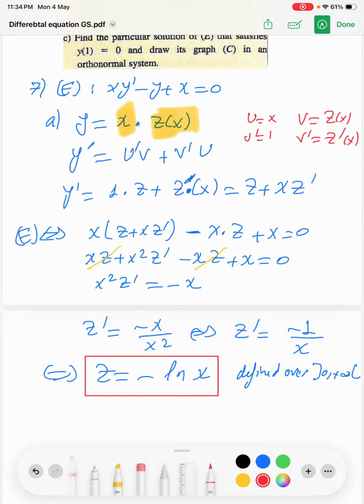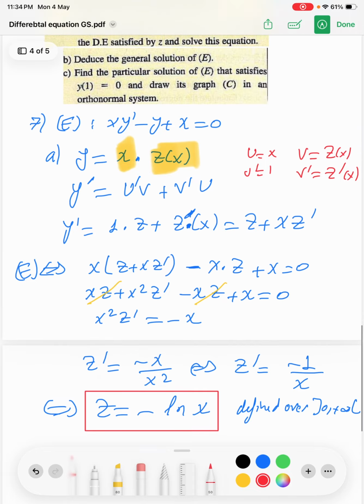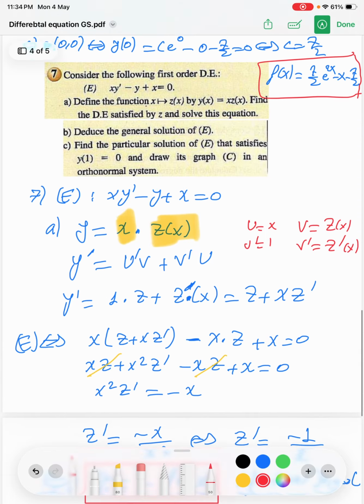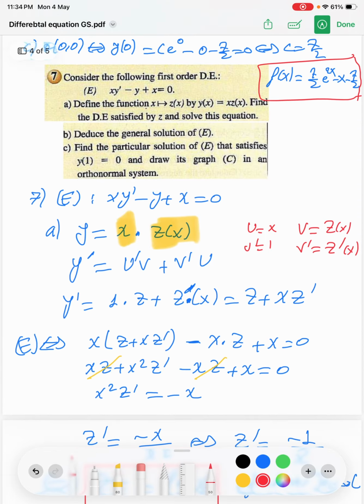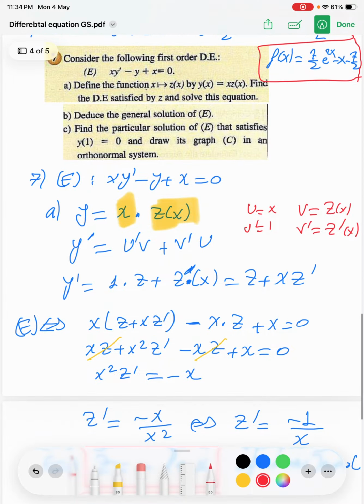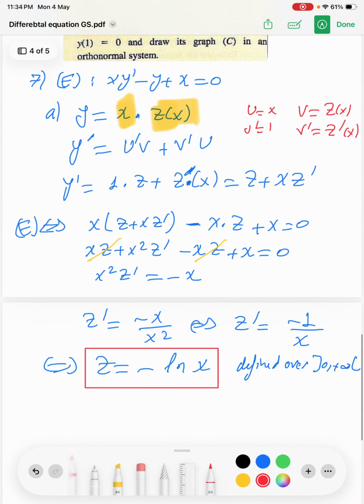Otherwise we would put an absolute value, so to avoid this problem I just put it defined over 0 plus infinity. So we found the new equation E prime satisfied by z prime and z. After solving this differential equation we found z.